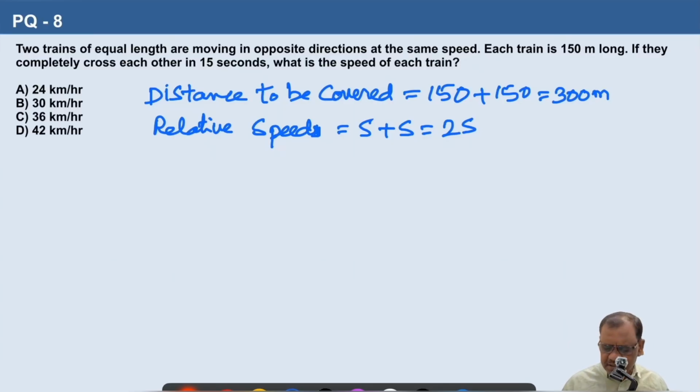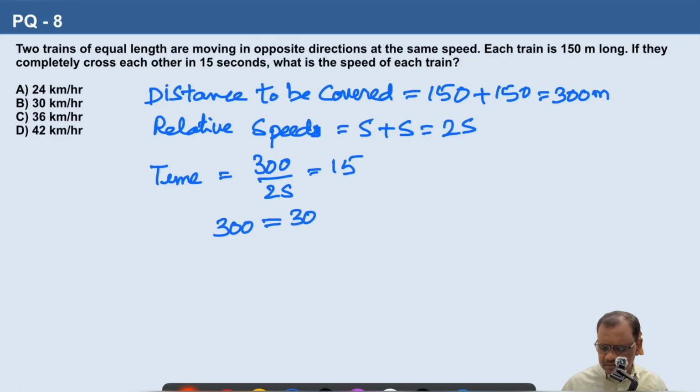Now the time is 300 divided by 2S, which is equal to 15 seconds according to the question. Now simplify this and find the value of S. So 300 is equal to 30S by cross multiplication.